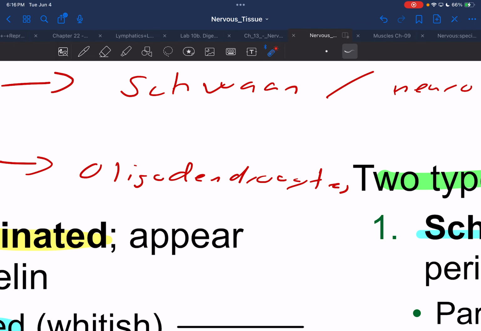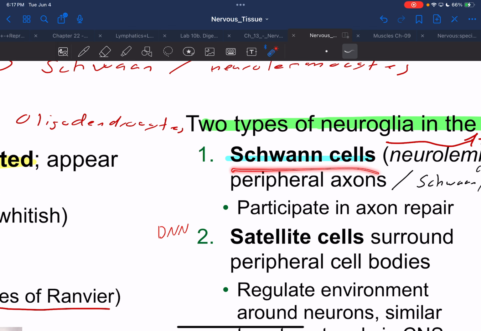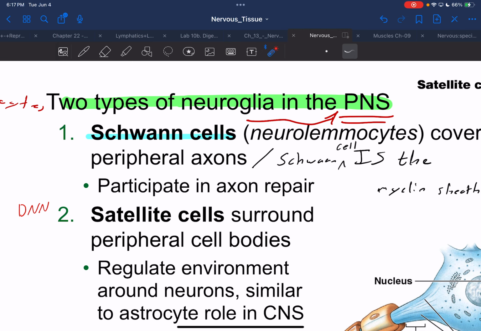In the PNS, the cells that myelinate those axons are not called oligodendrocytes. Pardon my writing here, but it's Schwann cells and neurolemocytes as you see them right here. This neuroglia, Schwann cells, exist only in the PNS.